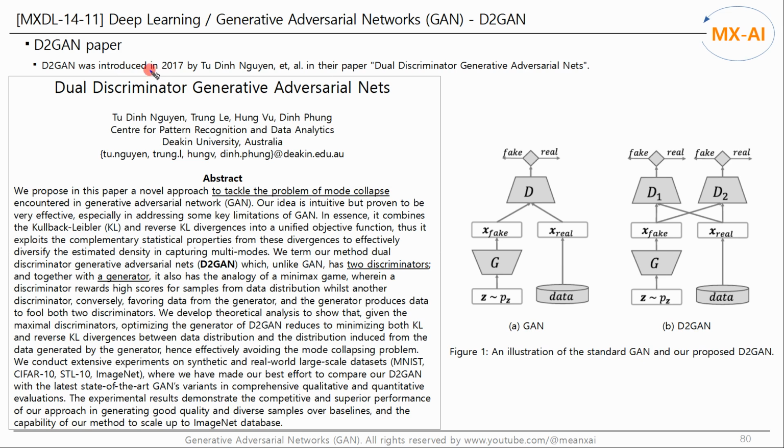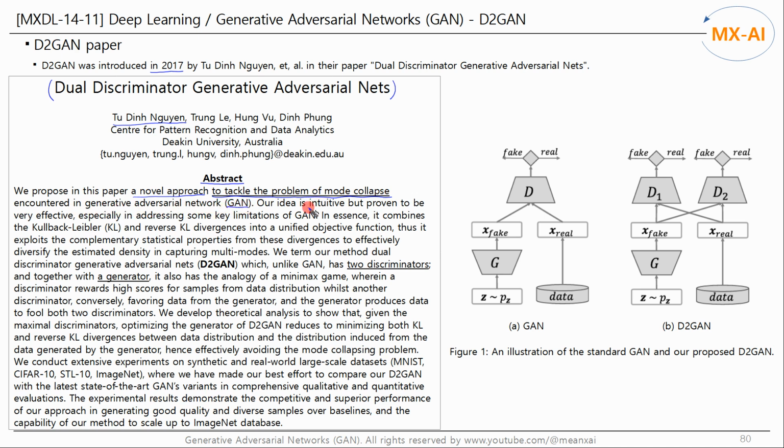D2GAN was introduced in 2017 in their paper, Dual Discriminator Generative Adversarial Nets. Let's read a few sentences from the abstract. We propose in this paper a novel approach to tackle the problem of mode collapse encountered in generative adversarial network, GAN.